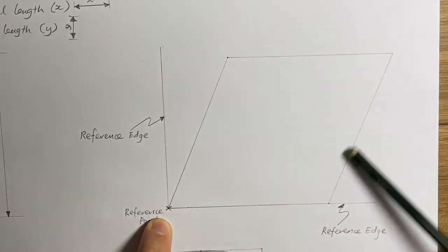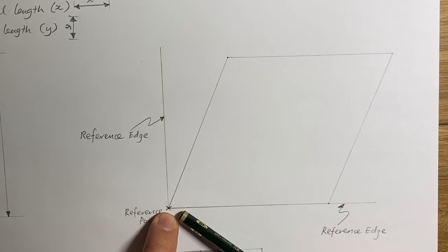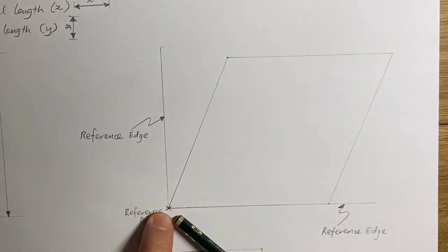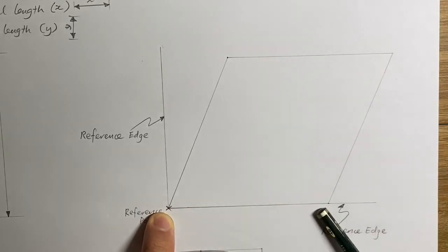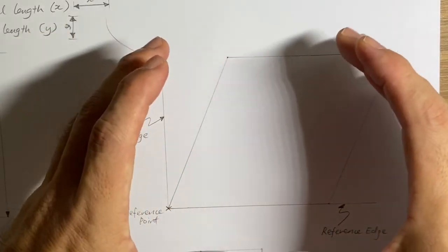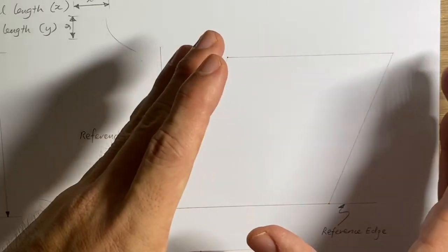Now this is a parallelogram, similar to a trapezium, and basically to locate this parallelogram, first we have the reference point, then we need to give the dimensions to this particular parallelogram. Now, this parallelogram is actually a 100 mm square slanted to a side.